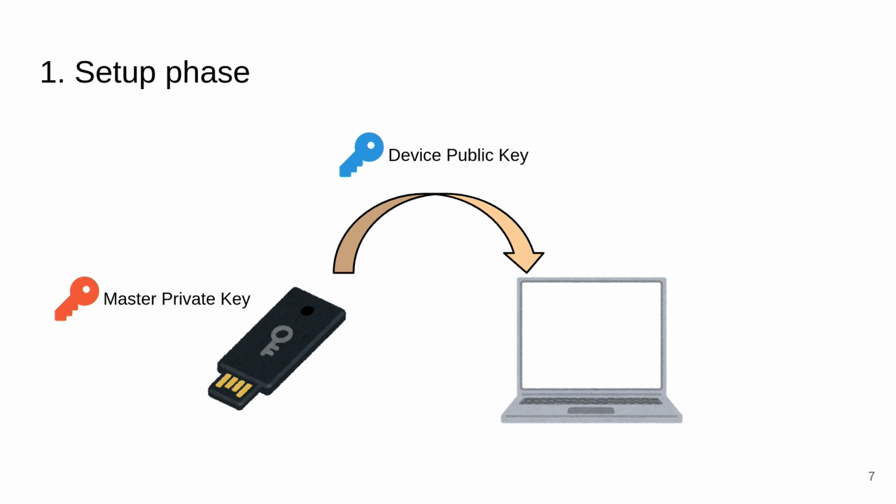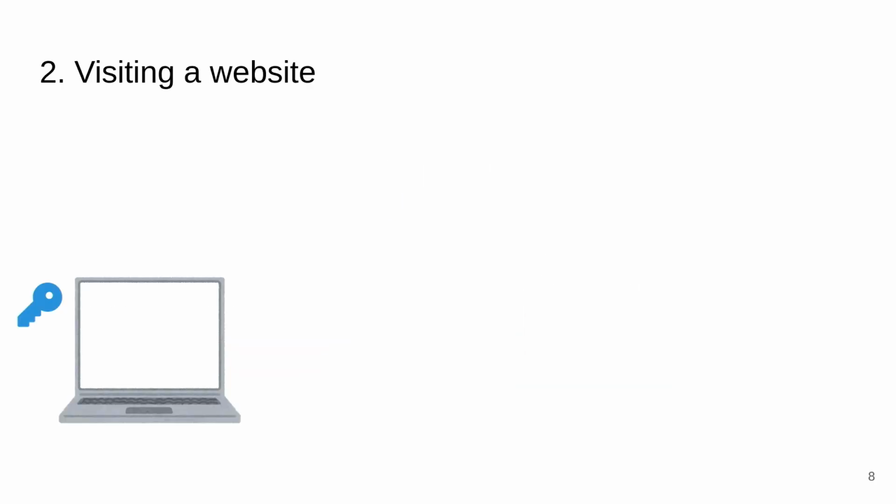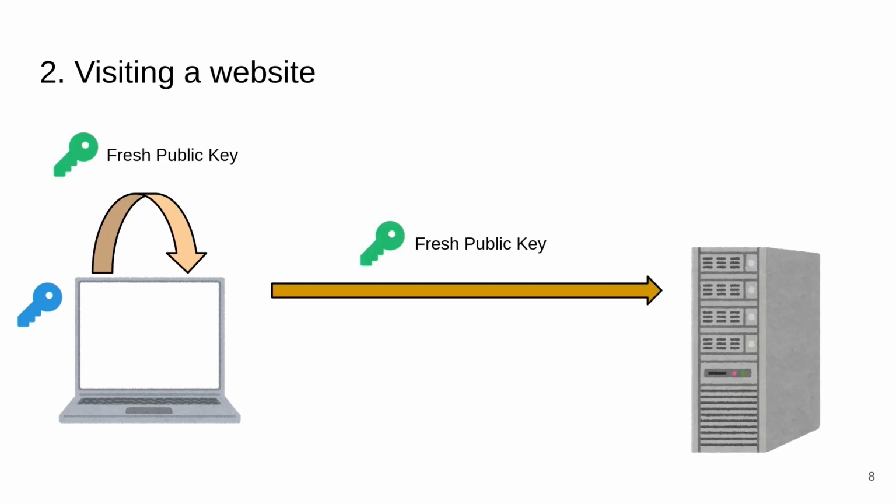key. Now, what happens in the next phase is that you are just browsing the internet, and in this case, you don't have to use your trusted consumer device anymore. The consumer device would use this device unique public key to generate a session unique public key, and then send it over to the server.